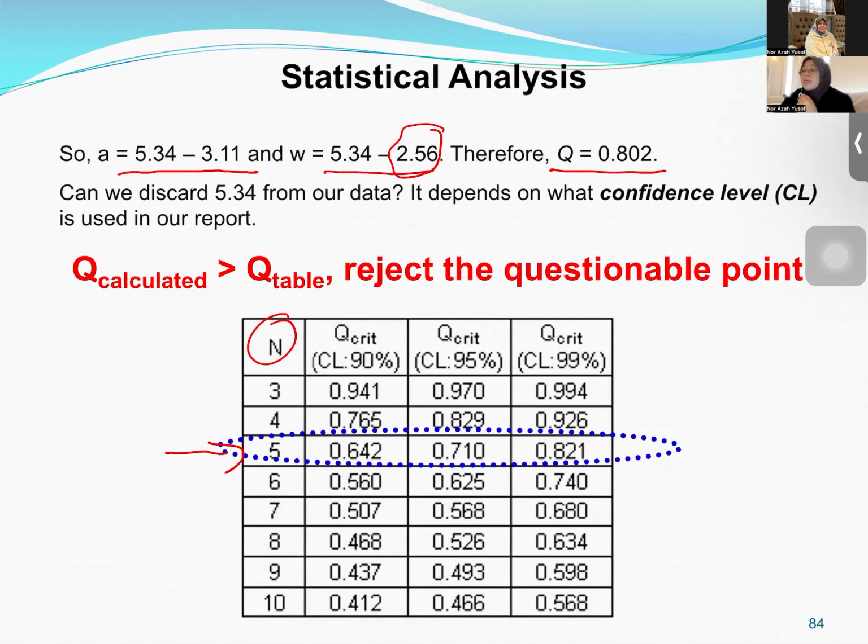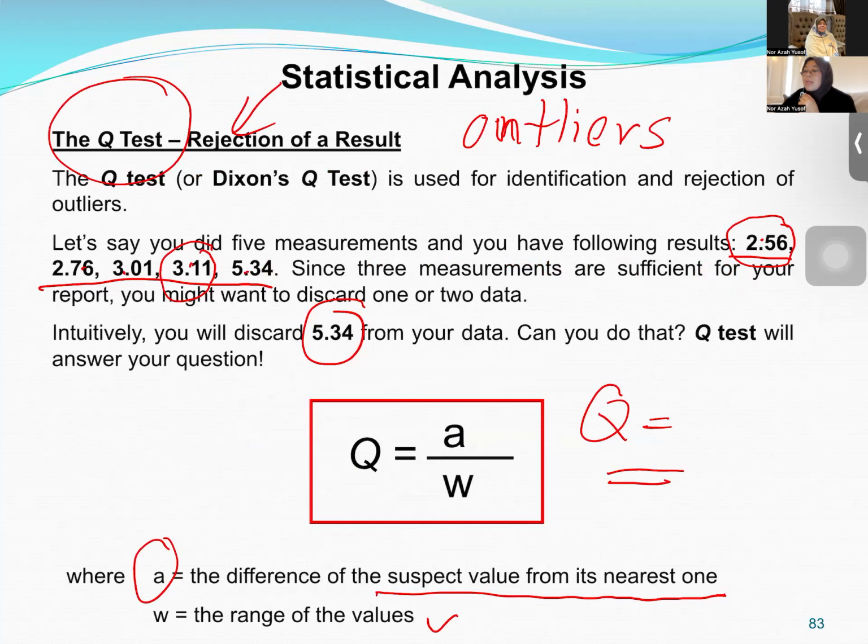And we have to look at which confidence level we want to use. This is the one that I haven't discussed, the confidence level, which I would like one of you to discuss during the 8 to 9 session. Let's say we choose the 95% confidence level.